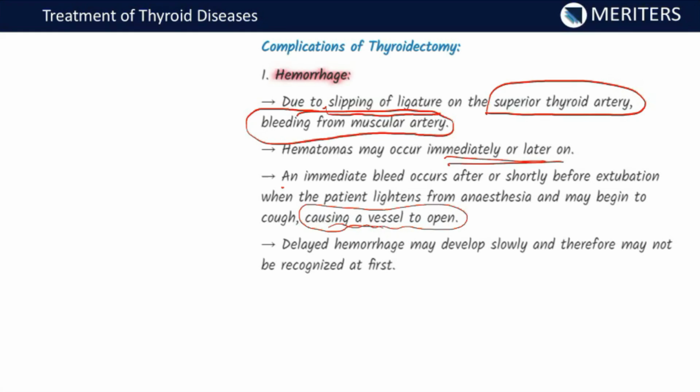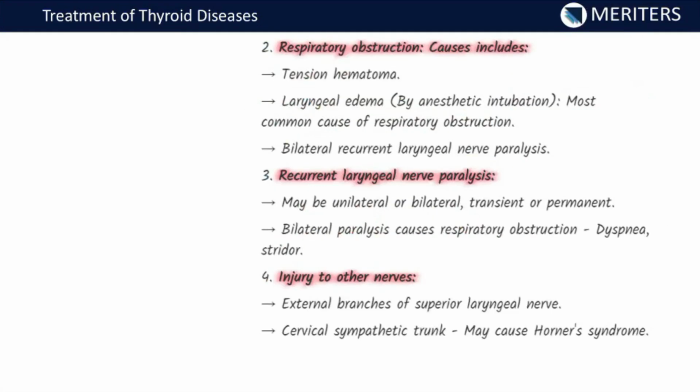Then the delayed hemorrhage develops slowly and therefore may not be recognized at first. Okay. Now next is respiratory obstruction. Now it is because of tension hematoma or laryngeal edema. Okay, and the most common cause of respiratory obstruction is your laryngeal edema. That is important for your entrance exams. Then the bilateral recurrent nerve paralysis is also one of the leading causes of respiratory obstruction. Okay.